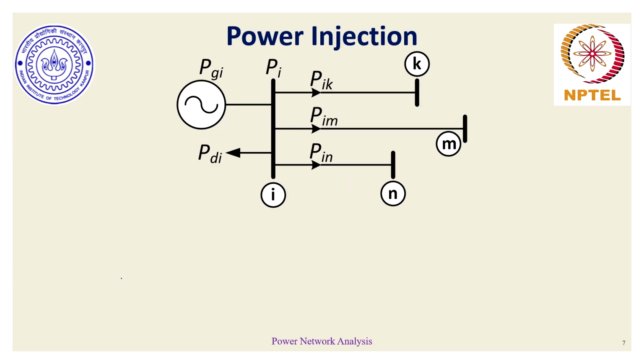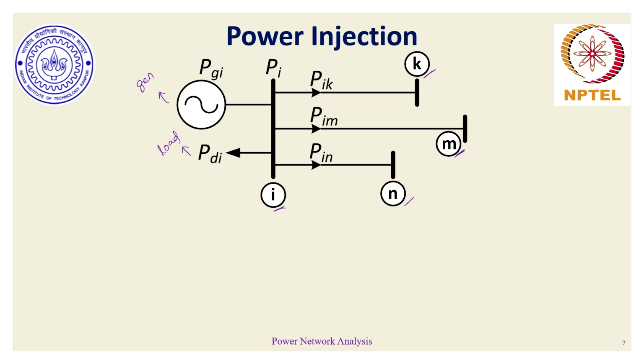So given a bus i, which can be connected to several other buses like bus k, bus m, bus n, because our power network is actually a mesh network, wherein the bus i has a generator connected to it and also a load connected to it.